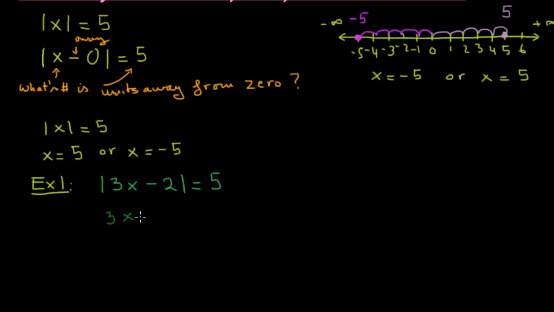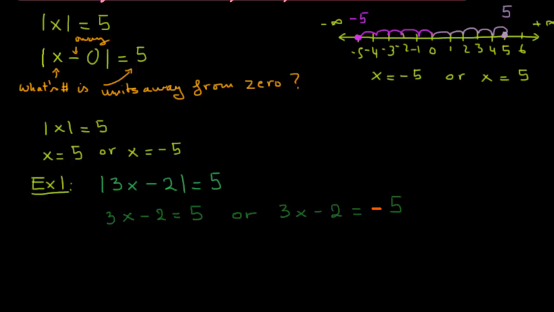The first one is 3x minus 2 equal to positive 5. The first equation stays exactly the same. The second equation is 3x minus 2 equal to -5. Make sure we change the sign to negative here.